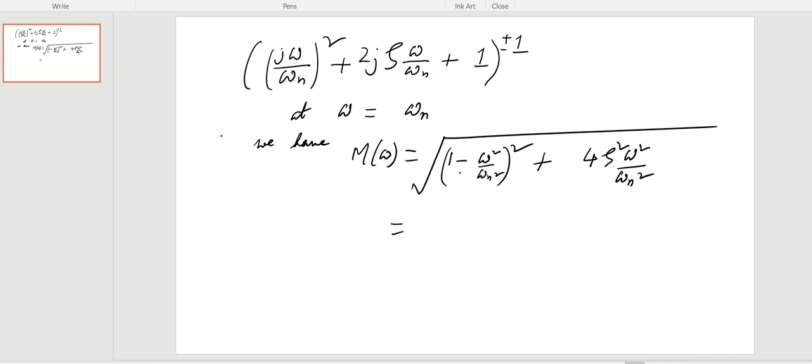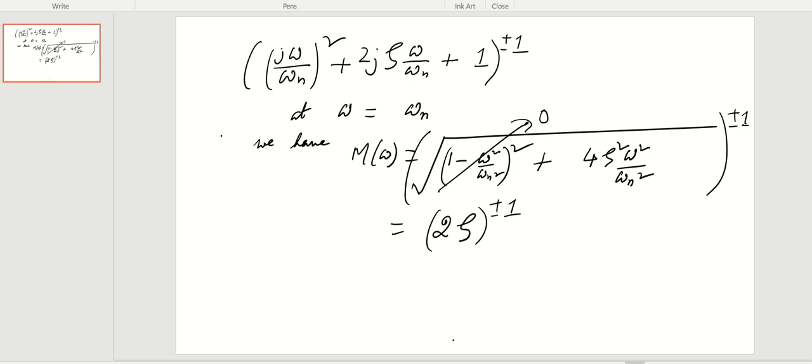This part simply vanishes because omega is equal to omega n, so we are just left with 2 zeta, to the power plus minus 1. If it's a pole, then it's 1 by 2 zeta. If it's a 0, then it's 2 zeta. So these are the values that it can assume at omega equal to omega n.